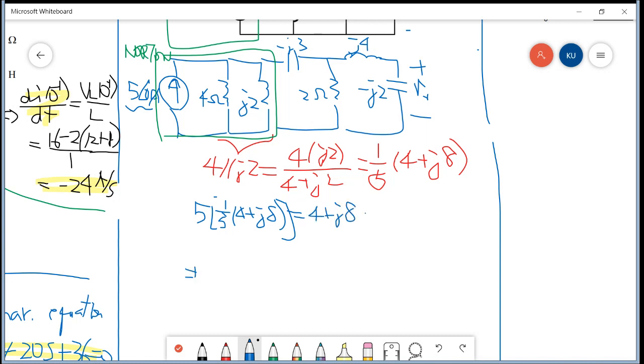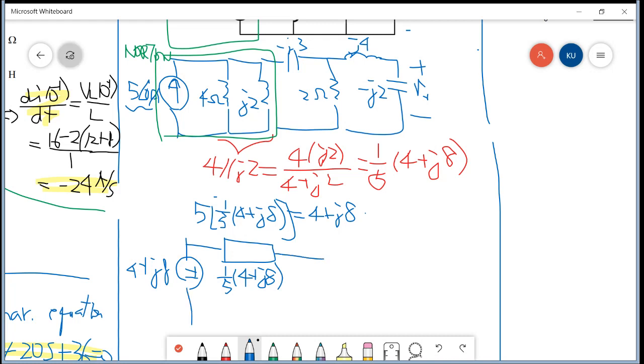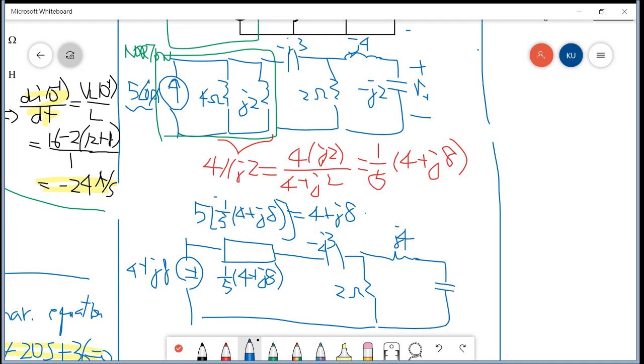So this source will be 4 plus J8, and then this one is 1/5 (4 plus J8), and then minus J3, 2, and then J4, and then minus J2, VO.